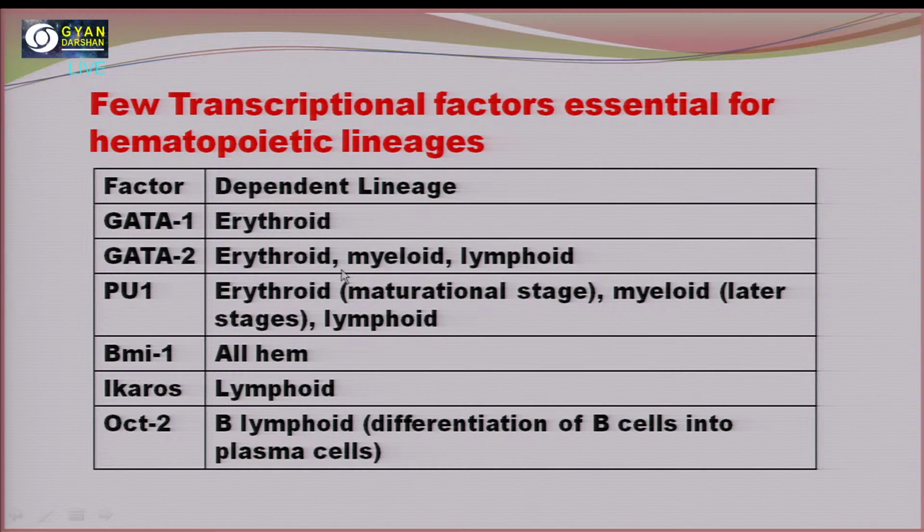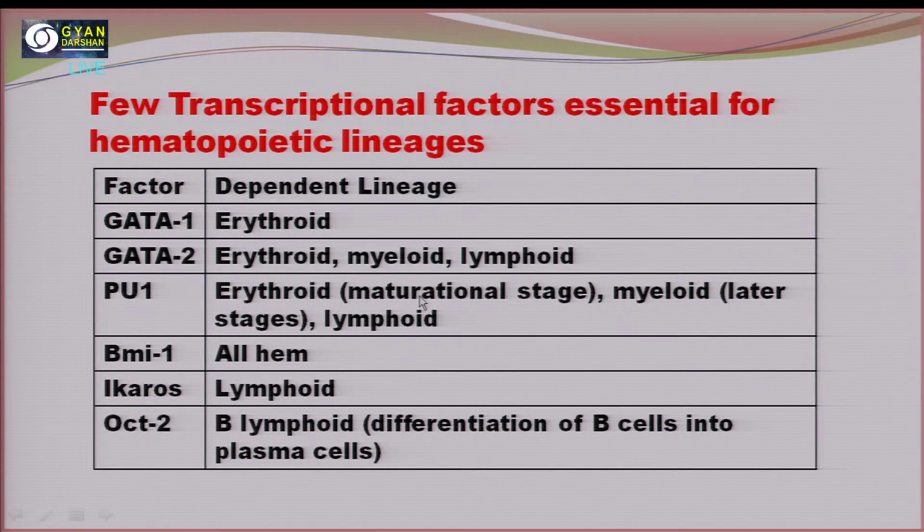GATA 2 is needed for erythroid, myeloid, and lymphoid lineage. GATA 2 is very important. If your hematopoietic stem cells produce GATA 2, they are able to convert into the erythroid, myeloid, and lymphoid lineages.